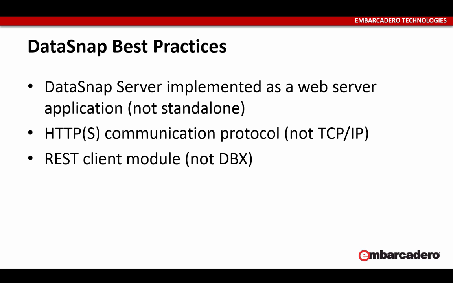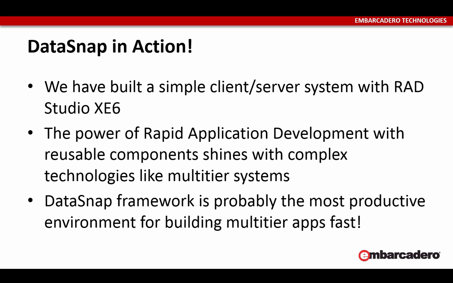We have used the HTTP communication protocol between client and server, and we have used REST architecture for communicating with the server. So this is really very simple technology. The power of rapid application development based on reusable components shines with complex technologies like DataSnap. So it is probably the most productive environment for building multi-tier apps fast.